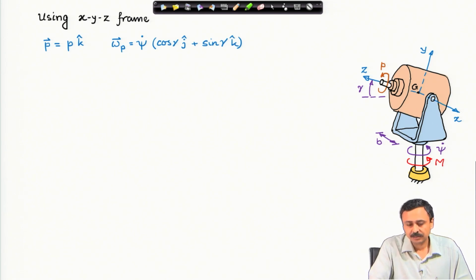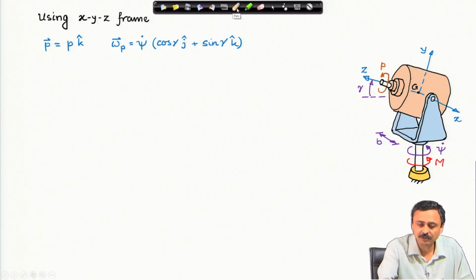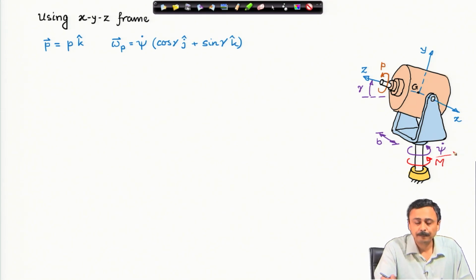The omega p is basically because of psi, the change in the precession. So, this is the precessional angular velocity because of psi dot. Initially psi dot is actually given to be 0, but we will first work through and then we will put psi dot as 0.